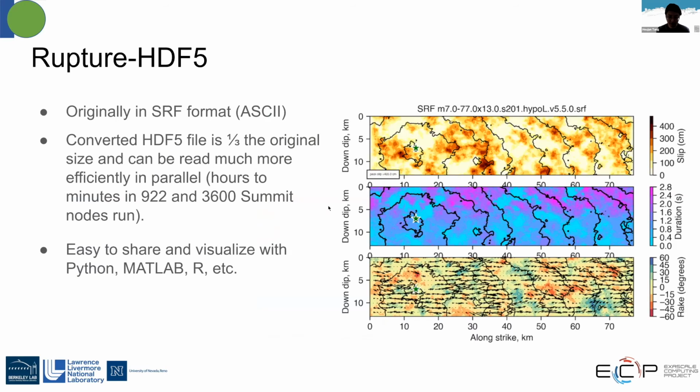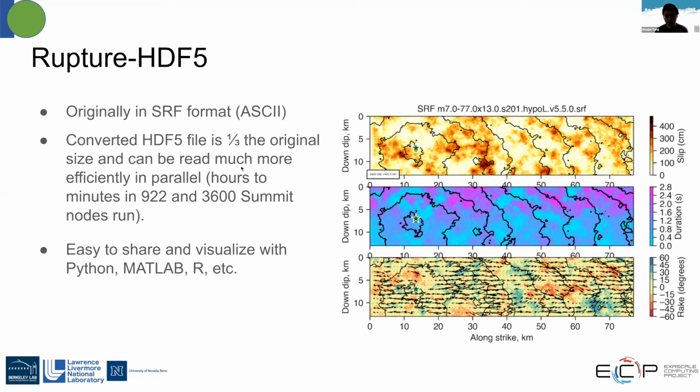Then for the rupture scenario, previously the rupture data was stored in an ASCII text format called SRF. It is extremely slow to read at a large scale. We have done simulations on the Summit supercomputer with 922 nodes and 3,600 nodes.